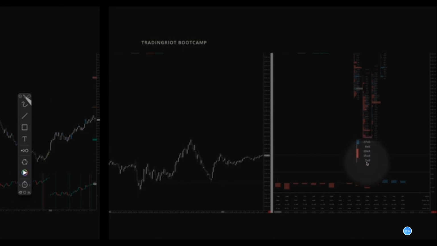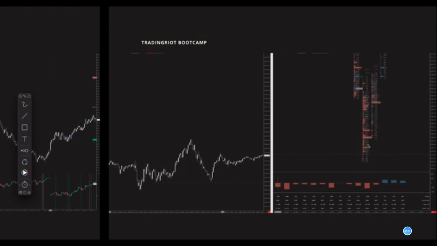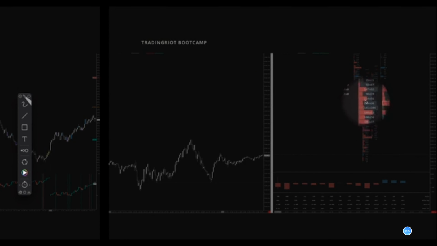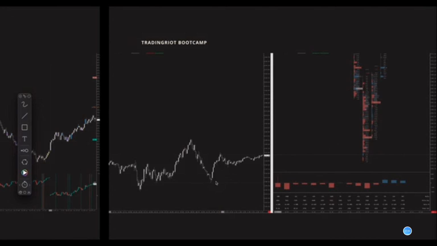You get some finished auctions here. When you have these strings of zeros above each other or below each other, it means that stops are usually getting triggered. Okay, but once again you start pushing back. You can see how much selling happened here, where your POC is, and this is just moving higher from here.